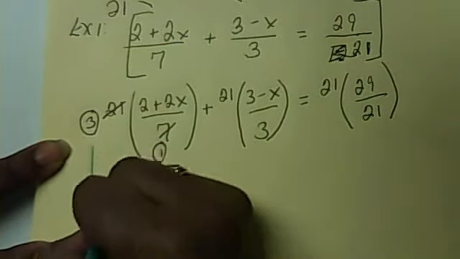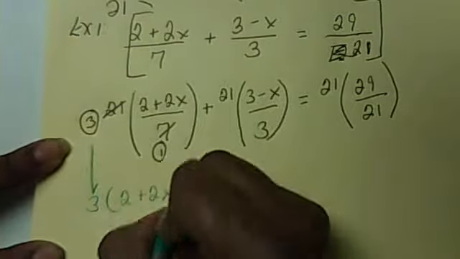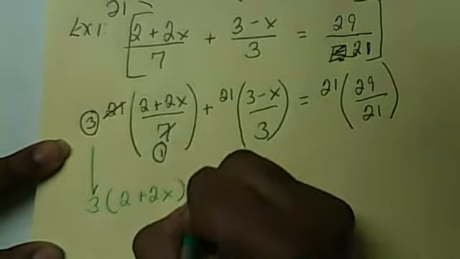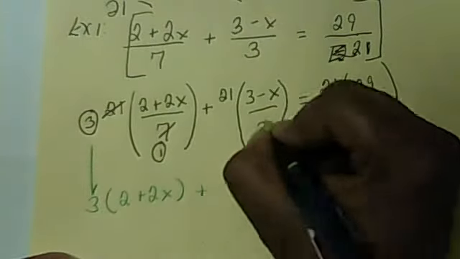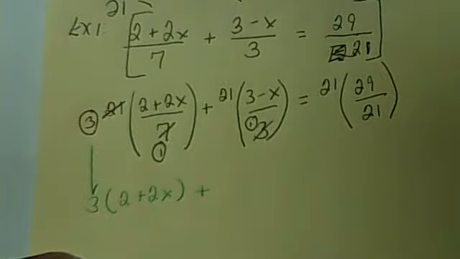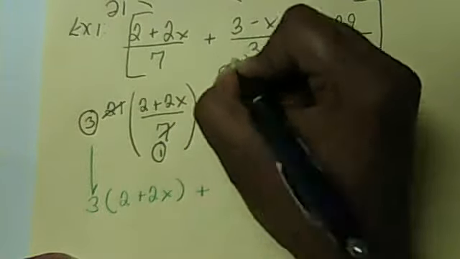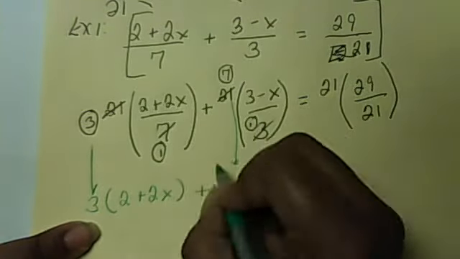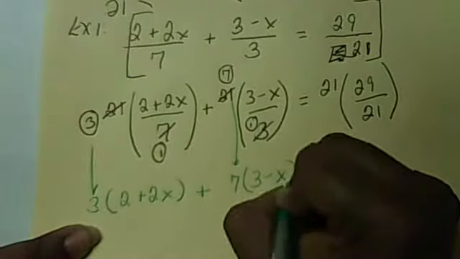Then we still have our parentheses, 2 plus 2x. And then we proceed the same way with the rest of it. Here, 3 goes into 3 once, and this is the whole point. And then 3 goes into 21 7 times. So in this case, we have our 7, and then we have our 3 minus x.